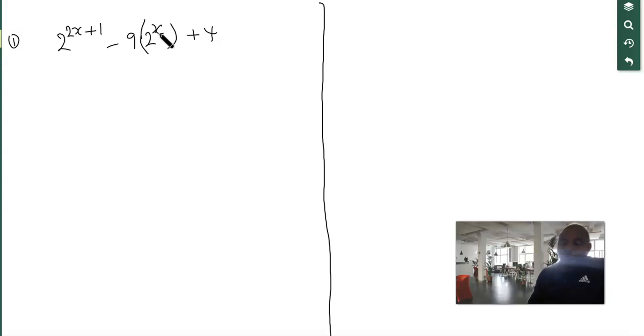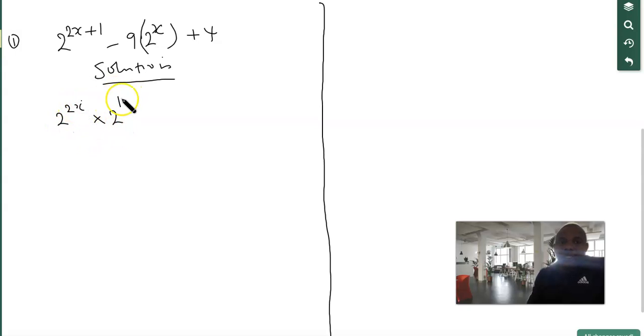So first thing we're going to do is the solution. First of all, you know that this first one, 2 raised to 2x plus 1, is something like saying 2 raised to 2x times 2 raised to 1. Since the bases are the same, they added the powers.